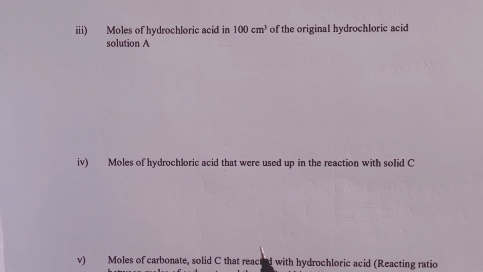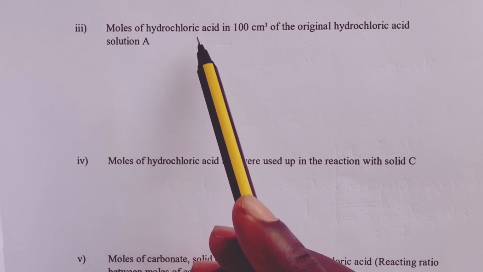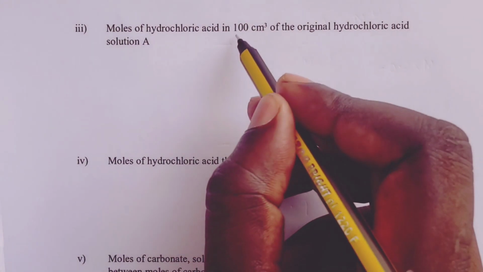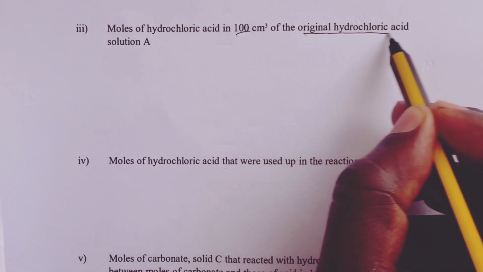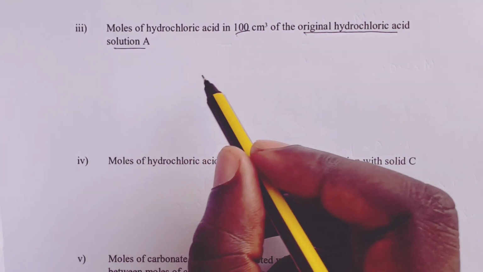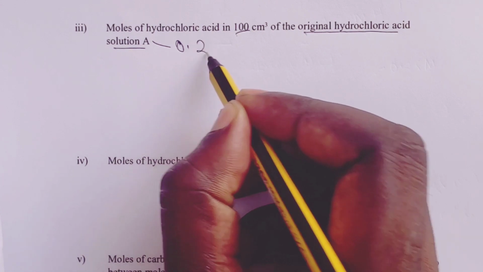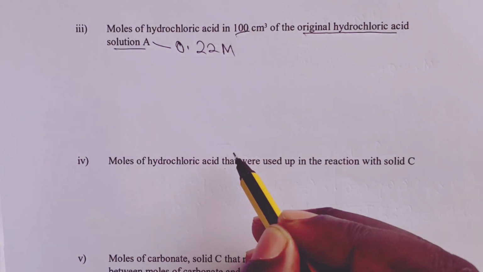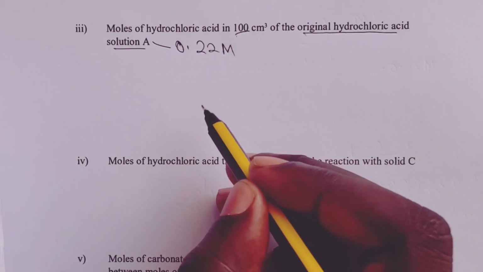In part 3, we are asked to calculate moles of hydrochloric acid in 100 cubic centimeters of the original hydrochloric acid solution A. So you remember, this was a 0.22 molar hydrochloric acid. From it, we picked 100 cubic centimeters.